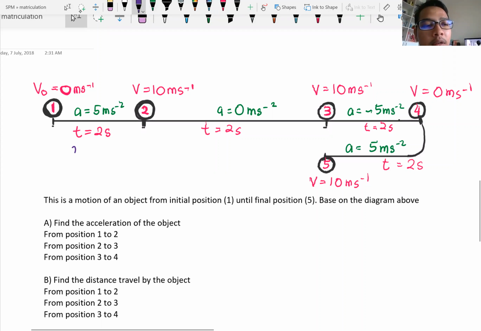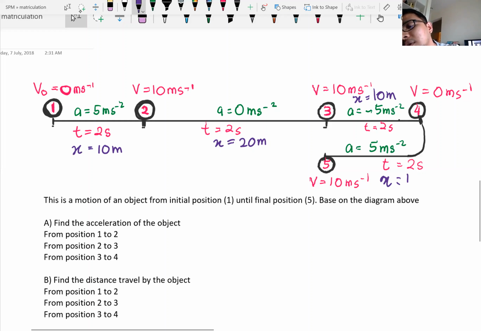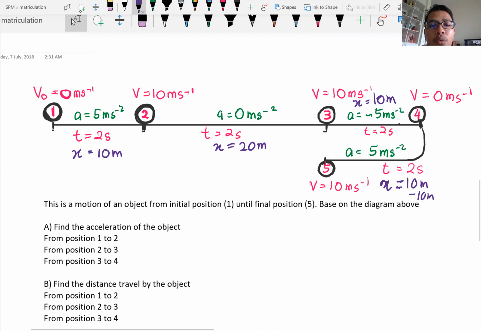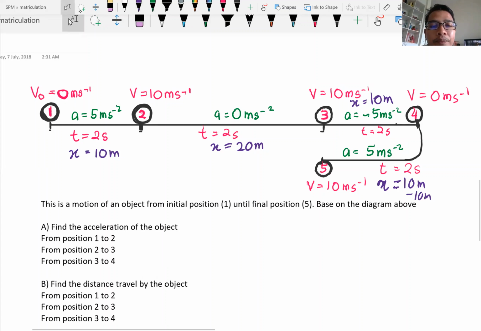And the displacement here is 10 meter. Displacement here is 20 meter. Displacement here is 10 meter. And distance here is 10 meter, but the displacement is negative 10 meter because it moves to the other direction. So from these values, we plot a graph.